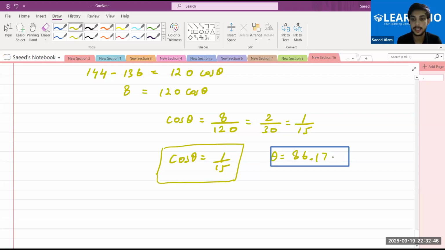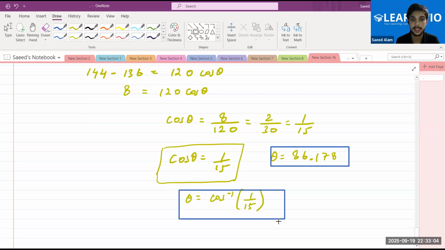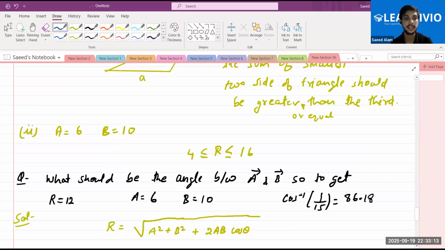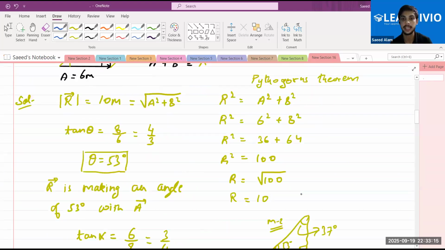The next thing that we'll write is theta equals cos inverse. So, are you comfortable writing that if we shift the cos to the other side, we just take the cos inverse like this? Yes. Okay. So theta will be this, and we got the result correctly. Understood? Any confusion regarding this whole session that we had today?